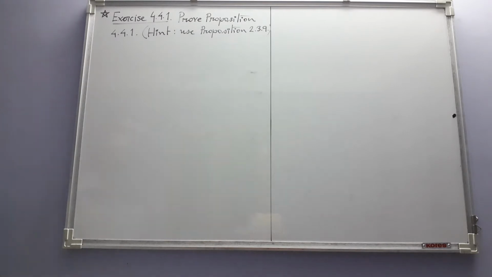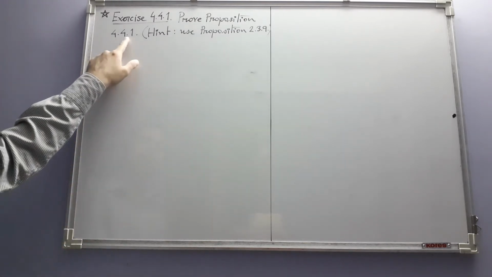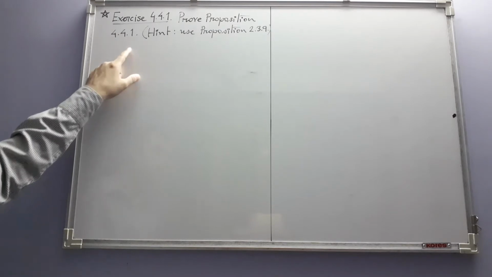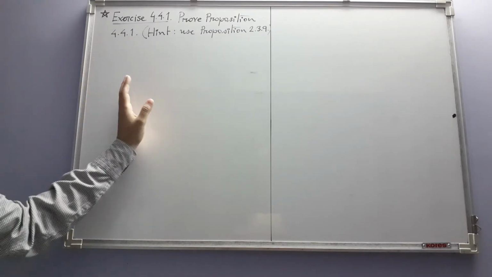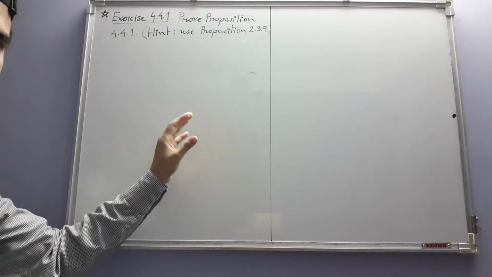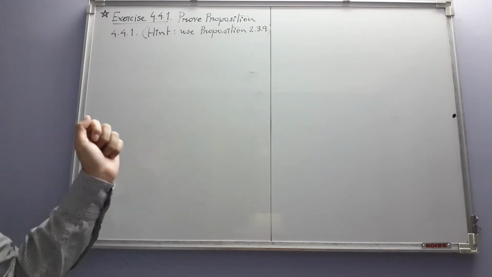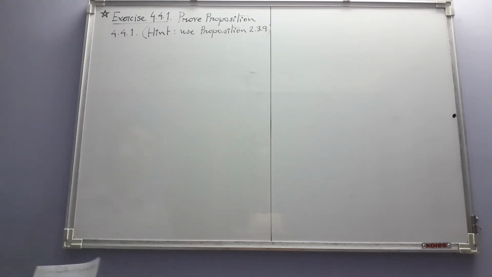In the first one, we have been asked to prove proposition 4.4.1, the proposition which asserts the existence and uniqueness of the integer part of a rational number.